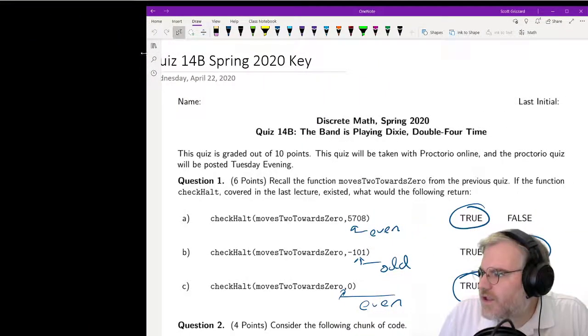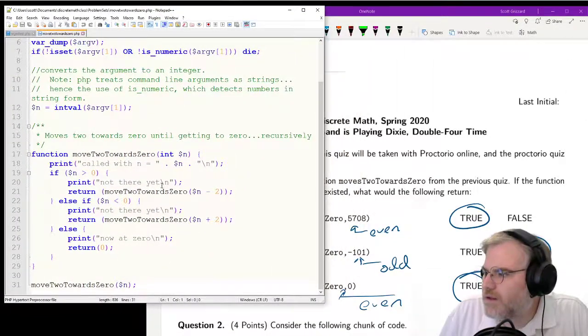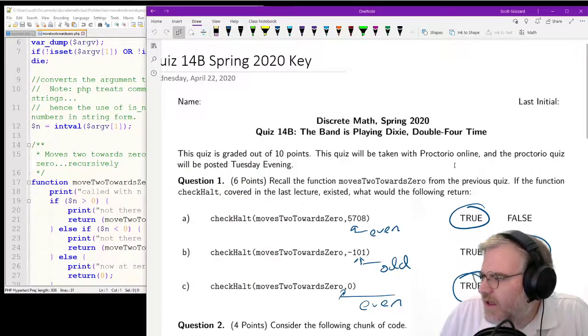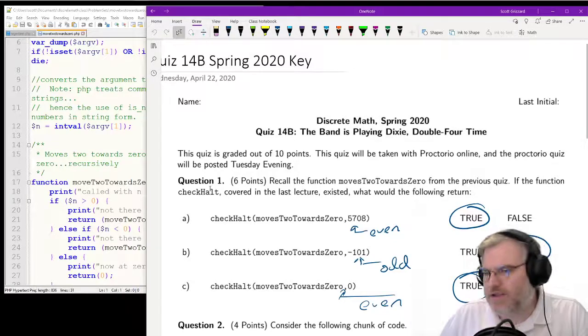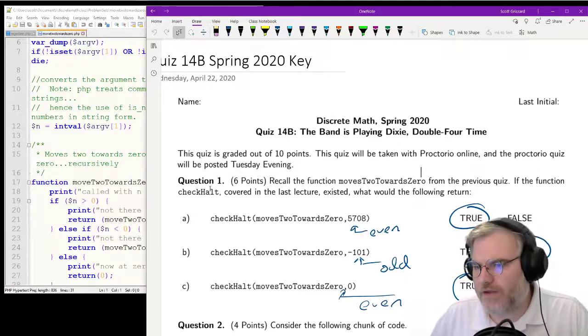And the question was, if the function check halt... Now remember what the function check halt did. It checked to see whether or not it halted. So it returned true if the function would halt, given the data, and false otherwise.